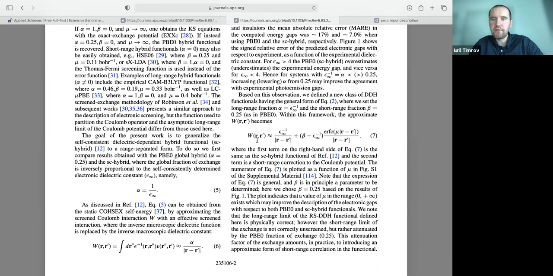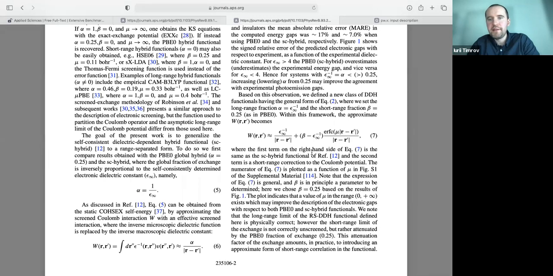In this expression for W, it's not simply 1/epsilon infinity. It's a more complicated function where you use a complementary error function. It's sort of a modeled expression for the screened Coulomb.